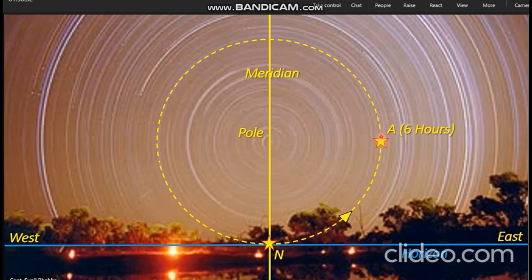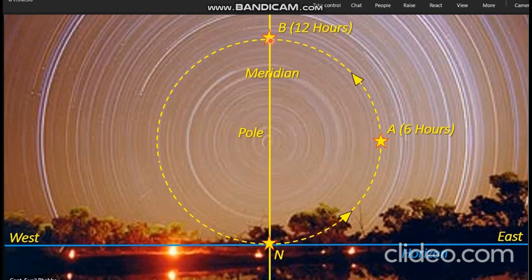After this, it is going to move further on its declination circle, again shown by the yellow color arrow. And after about 12 hours, the gyrostar is going to be at this particular location. This is point Bravo.